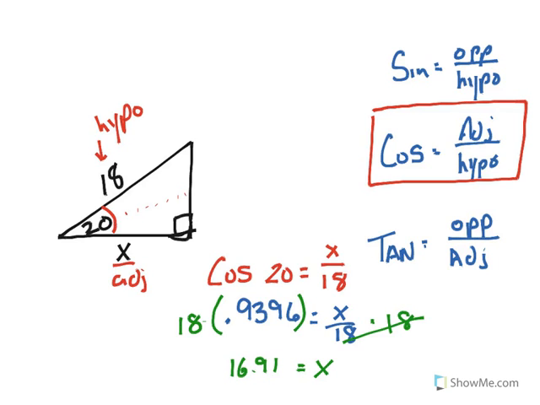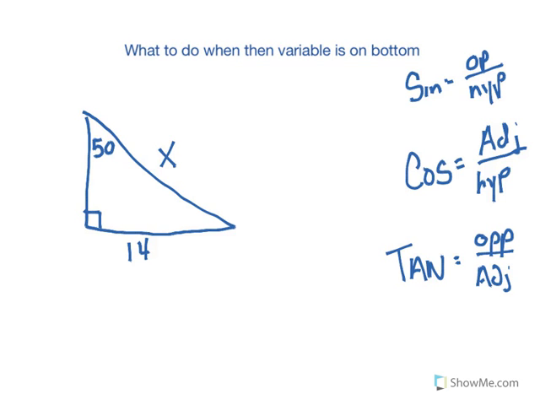Okay, hopefully that's not too bad, but now we have to be careful. There's a little bit of difference in our equations when the missing side is on the bottom of our fraction. Here's what I mean. When I set this problem up, the variable is going to be on the bottom of the fraction. Here I'm looking at 50. I'm identifying those sides. I have an opposite and I have a hypotenuse.